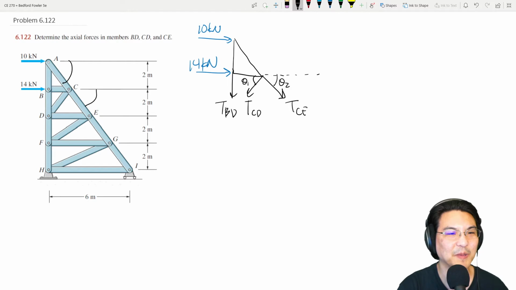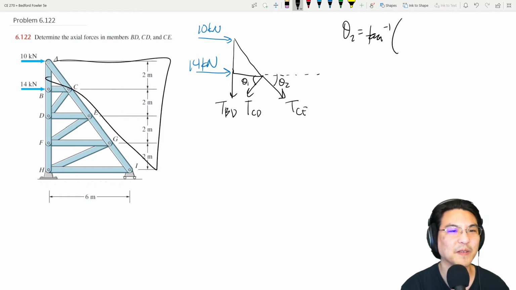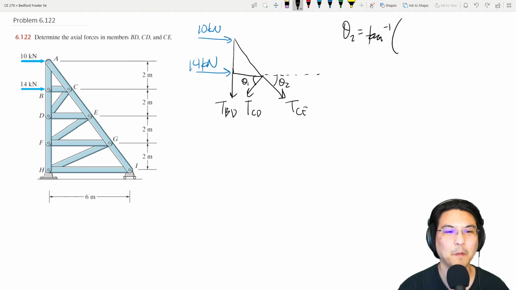This angle is the same as this angle. And then it's just like one big triangle, right? So I'll just jot it up here. Arctangent of this triangle, right? Opposite over adjacent. So that's 8 over 6. Okay, so we got this angle.